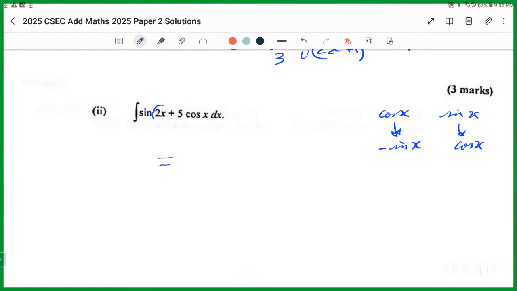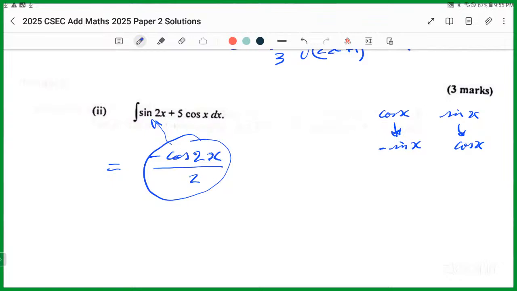We have to divide by the differential of the 2x, because we're doing the reverse process of differentiation. It's going to become minus cos 2x, divided by 2, which is the differential of the 2x. You can differentiate this again and you get that: differentiate cos, get minus sine, and you multiply by the differential of the 2x, which is this 2.